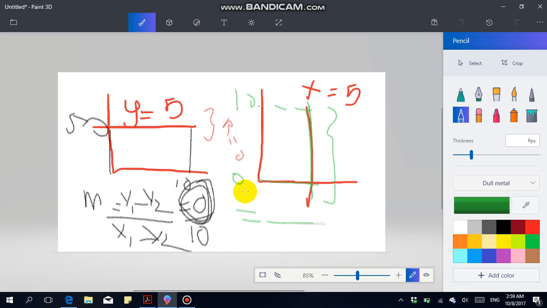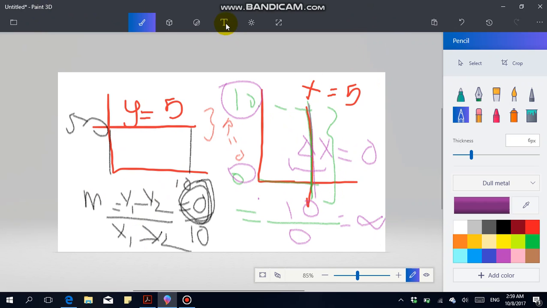So your change in y is, for example, 10 minus 0, which is 10. However, there is no change in x. Your change in x is equal to 0. So it's 10 over 0. And if you remember, anything that is over 0, in mathematical terms, is termed as undefined. So the gradient of the second line is undefined.